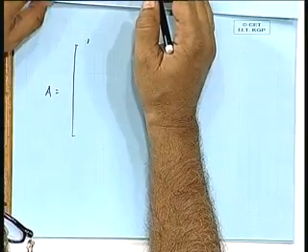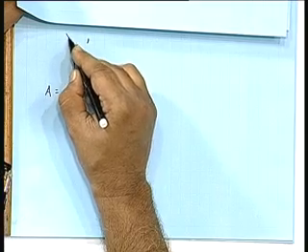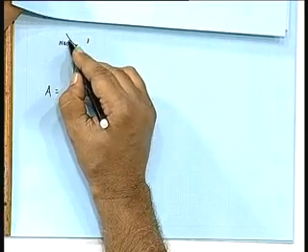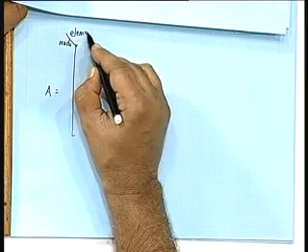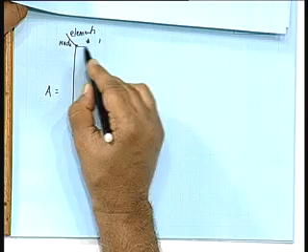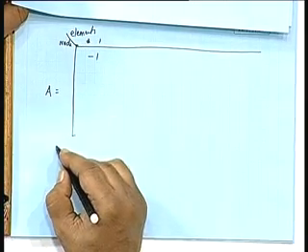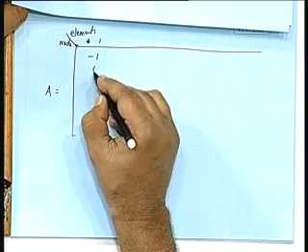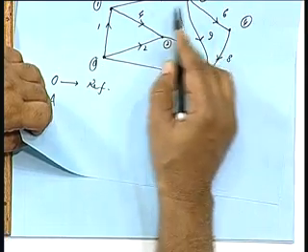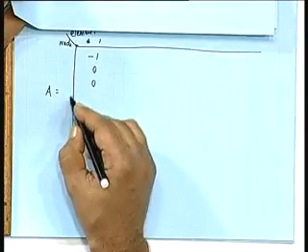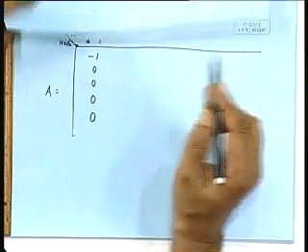Element 1 is between 0 and 1. So, these are the nodes and these are the elements or branches. This is -1 and the reference node is 0. So, I am not showing that 0. How many nodes are there? 1, 2, 3, 4, 5. Excluding 0, there are 5 nodes.